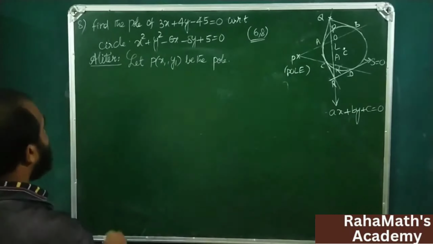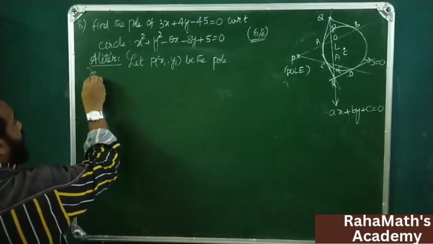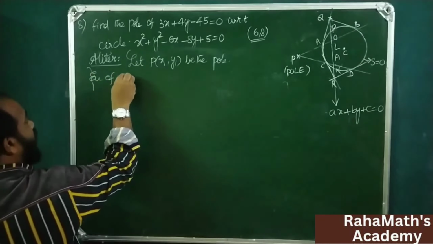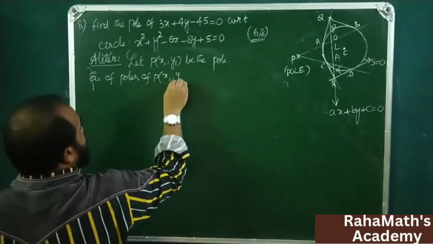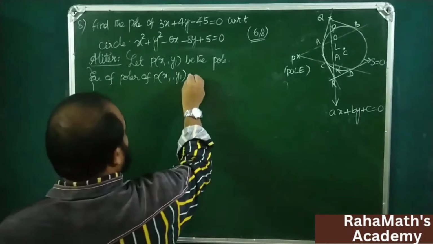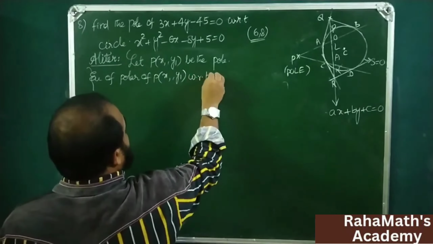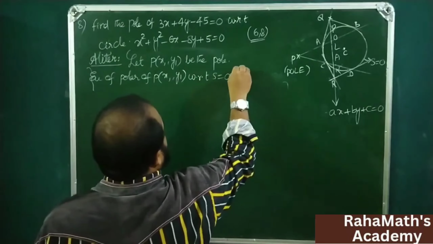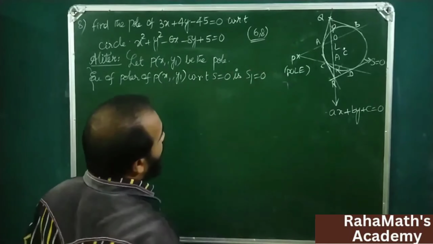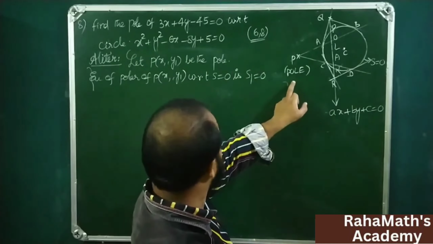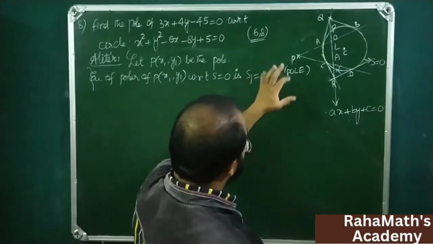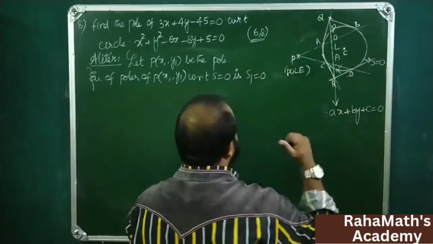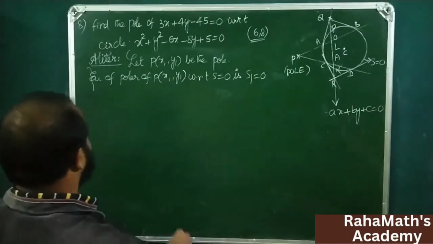The equation of the polar of P(x1, y1) with respect to S equals 0 is S1 equals 0. If this is the pole, the polar of this is S1 equals 0.